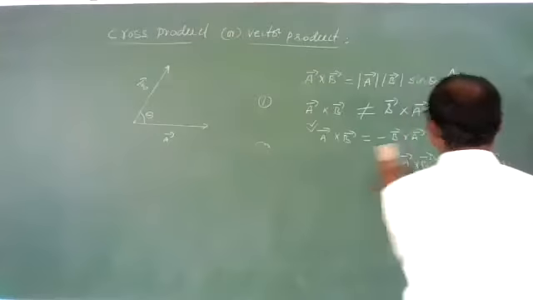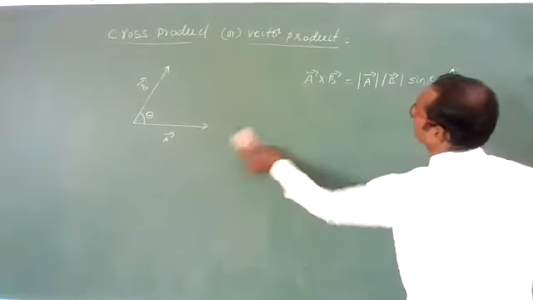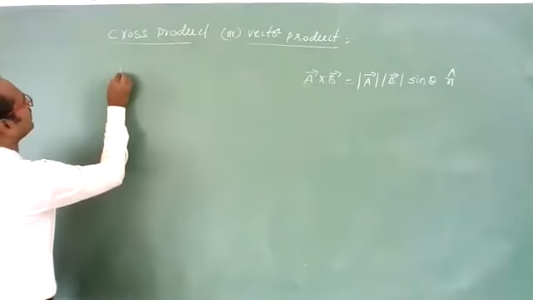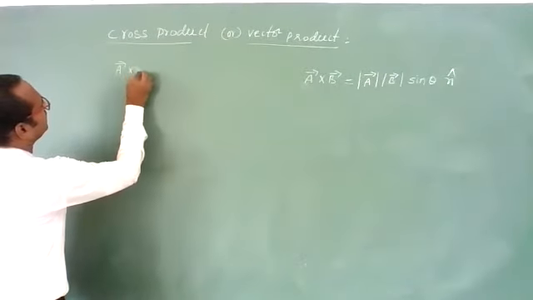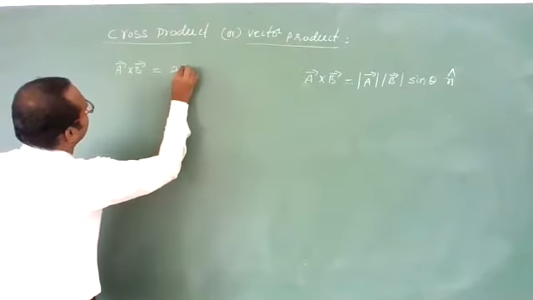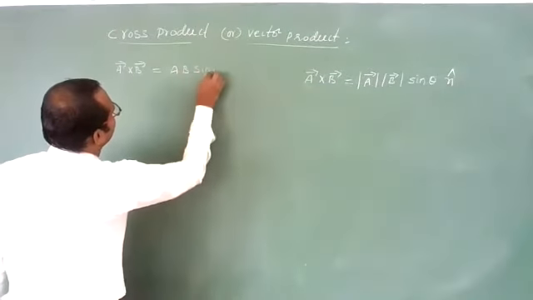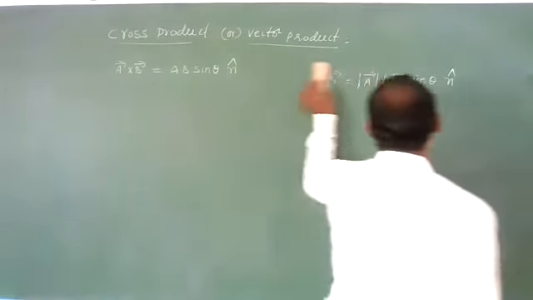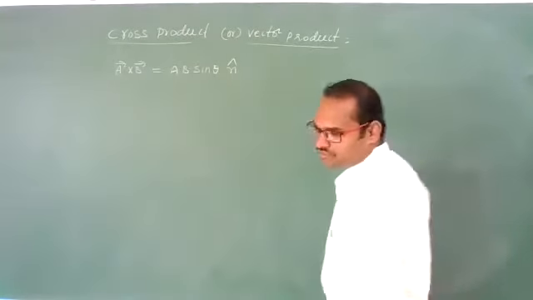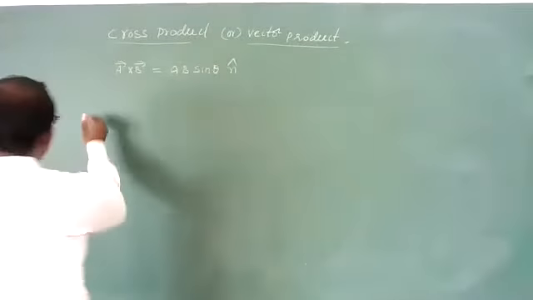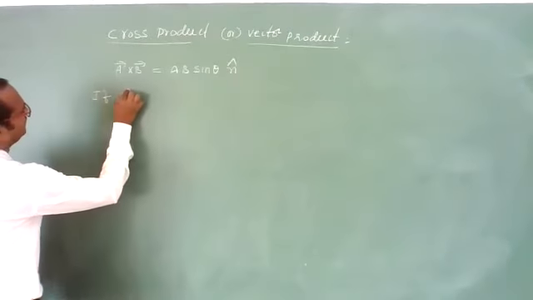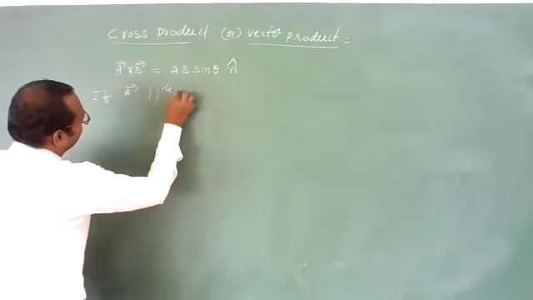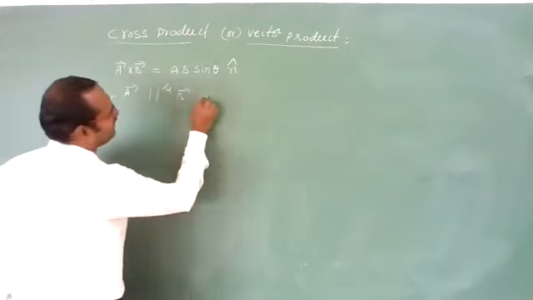Students, now still more important points. Let us discuss. What I said: A bar cross B bar gives you AB sin theta n cap. Now, let us suppose two vectors are parallel. If A bar is parallel to B bar, what will be the angle between them?